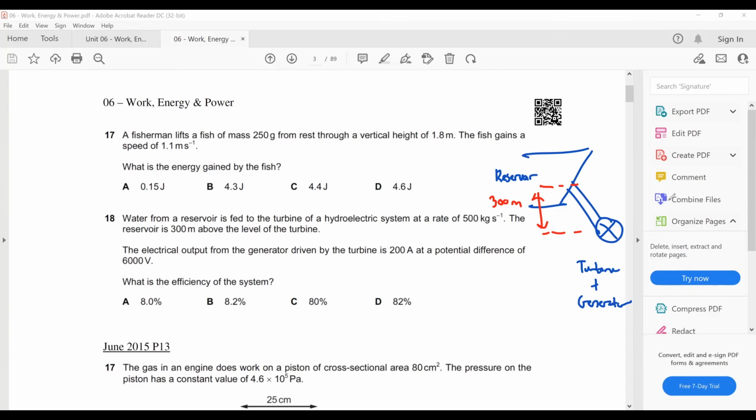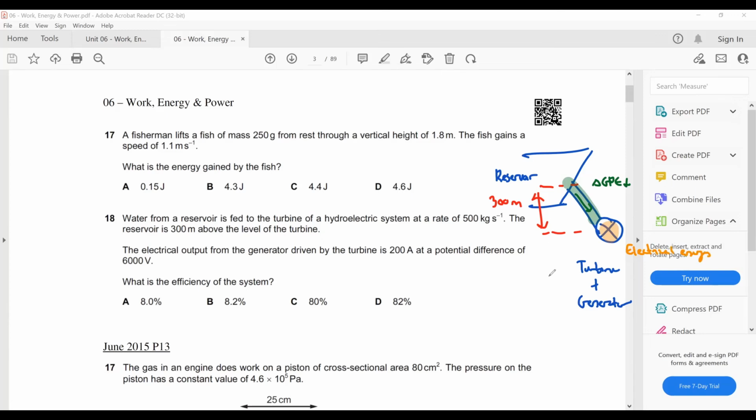So when your water is flowing from here to here, you will have a loss in GPE. But then after that, from here, you would have electrical energy generated.